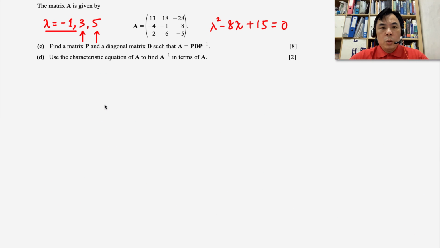Right, now we're going to look at the eigenvector corresponding to eigenvalue 5. So lambda equal to 5 here. We will have 18 minus 28.